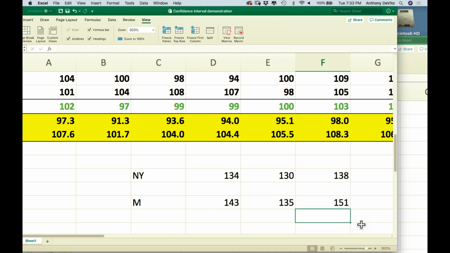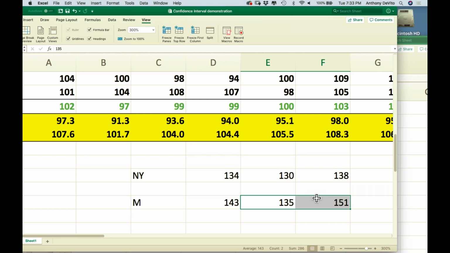What does that tell us? We're 95% certain that the average cholesterol level for New Yorkers, the entire population, is between 130 and 138. And we're 95% confident that the average cholesterol level for people from Miami is between 135 and 151.